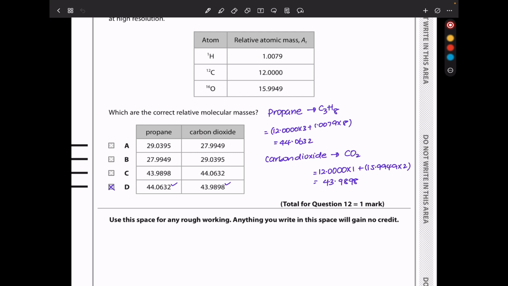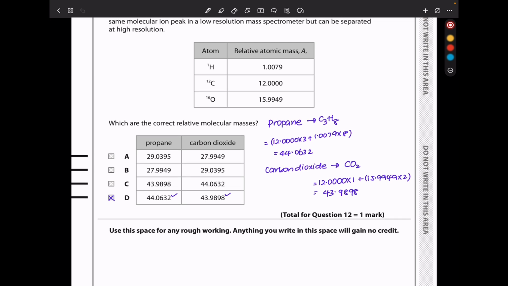And they say which are the correct relative molecular masses. So I calculated for propane using the components here. Propane has 3 carbons and 8 hydrogens, so 12.0000 times 3 plus 1.0079 times 8 gave me that. And for carbon dioxide, 1 carbon and then the 2 oxygens giving me that. So the answer is going to be D.